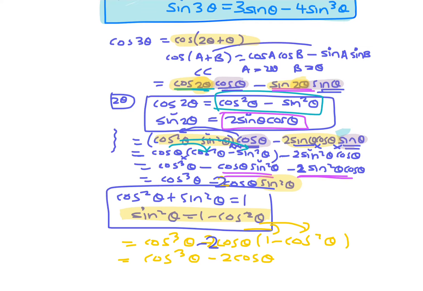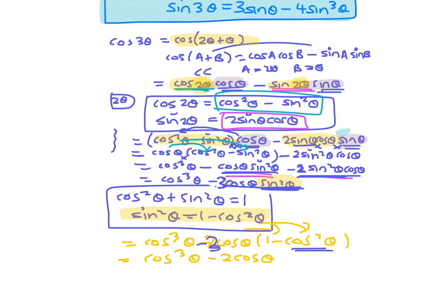Just wait a minute there, I'm just fixing this up, because that one there should actually be a 3. We've got 2 sine squared cos, and we've got 1 cos sine squared, so that's 3 cos sine squared. And that sine squared then goes to 1 minus cos squared.